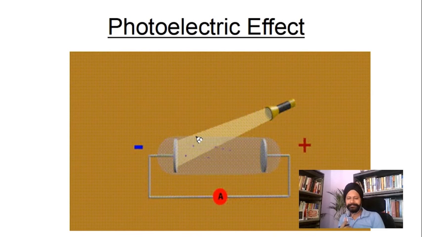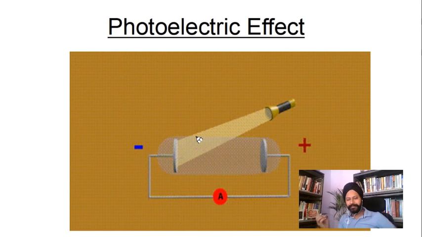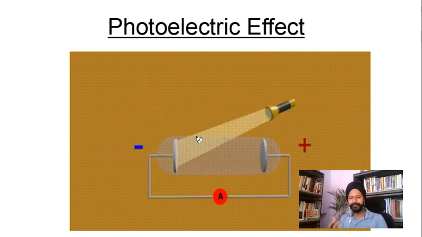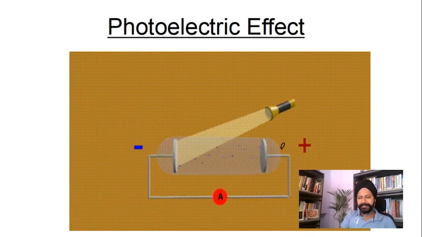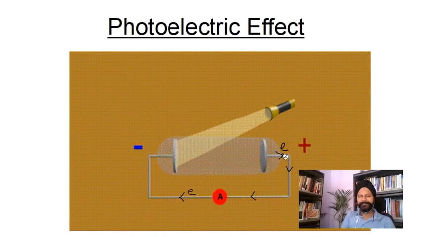Photoelectric effect, in short: photo means light, electric means electric current, or electrons. So when you throw light on certain metals, electrons start coming out of it. Look at the video here, and that is going to be an electric current, because the electrons reach here and complete the circuit. That is exactly what is happening here.